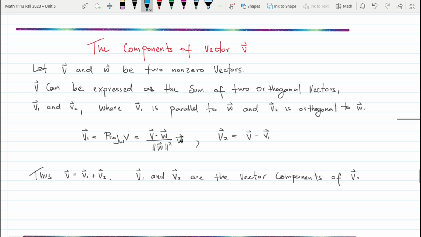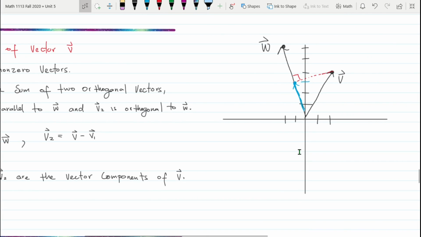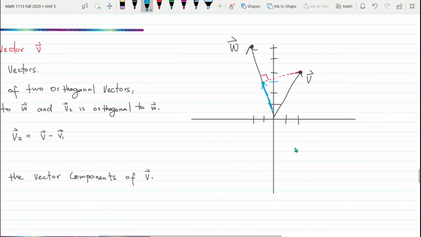Okay, now V2, or that orthogonal vector, is equal to the original V minus V1. So what does that mean in pictures? Well, I'll tell you what that means. Here are the vectors that I was telling you about.